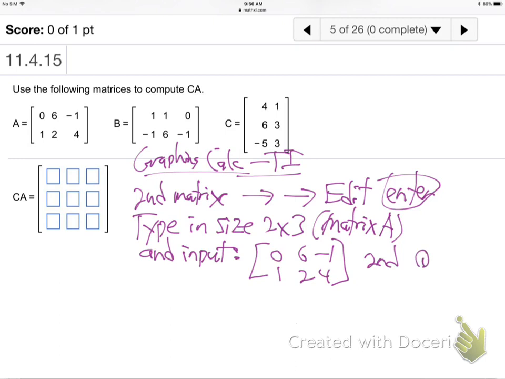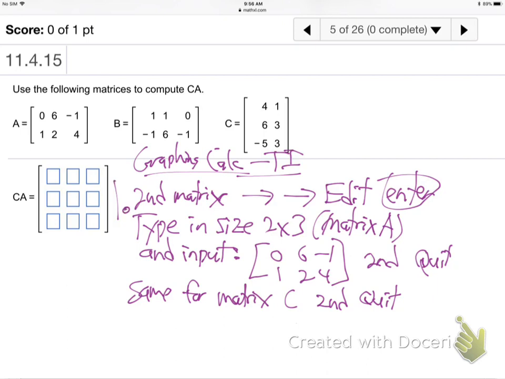Then hit second quit, and same for matrix C, and hit second quit. So put in matrix C now. So step 1, step 2, put in matrix C.